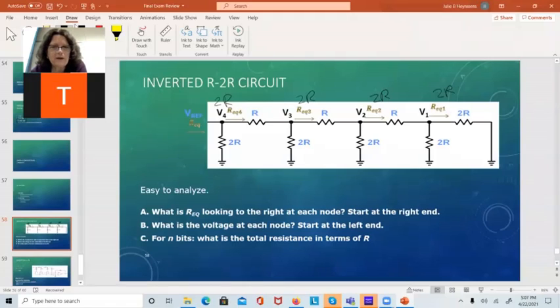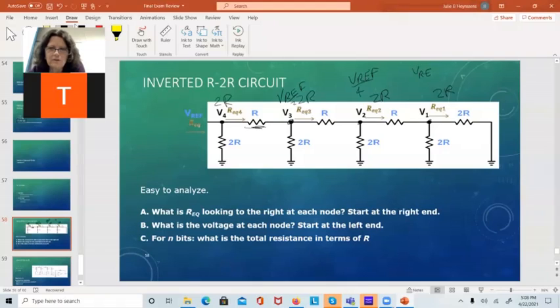I've got Vref and 2R in parallel with 2R, which is R. We've got an R here, and a voltage divider between R and R. So this is going to be Vref over 2. The next one down, I have that same voltage divider, so this is Vref over 4. V2 is Vref over 4. V1 is going to be Vref over 8.